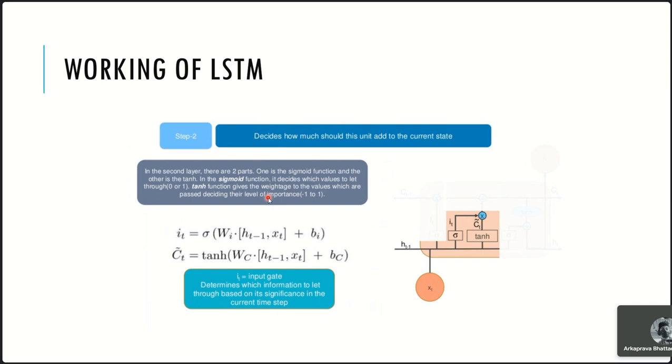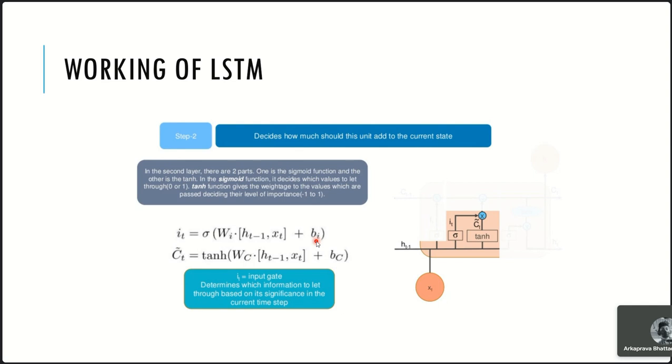And what is the unnecessary information that we can just avoid? These are two steps inside your input gate. That is, it determines which information to let through based on its significance in the current time stamp. So again, as I mentioned, you use two activation functions, sigma and tanh.